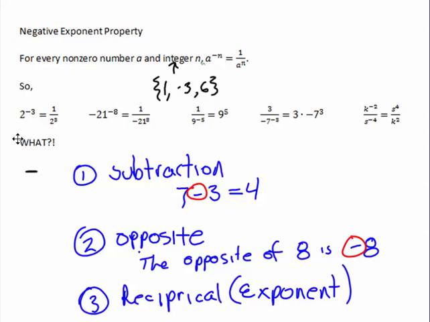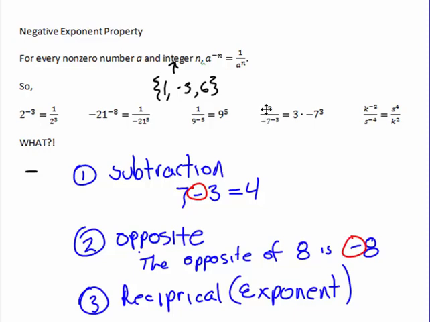It's always a fraction, okay? So this is 2 over 1, so the reciprocal will be, you flip it, 1 over 2. I want the reciprocal of -21. Well, that's 1 over -21, and we lose the negative, okay? I want the reciprocal of 1/9. That's 9. Okay, again, we're just flipping it.